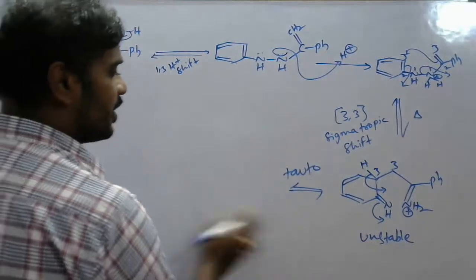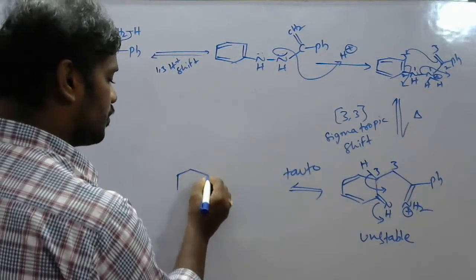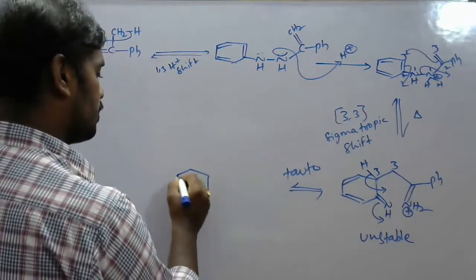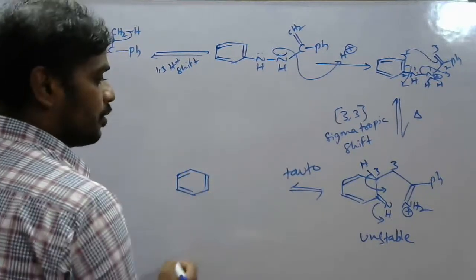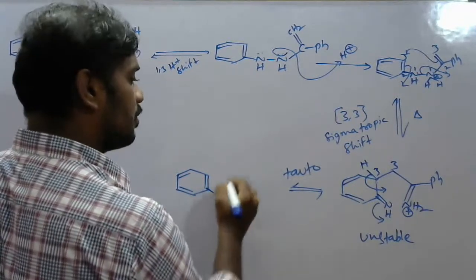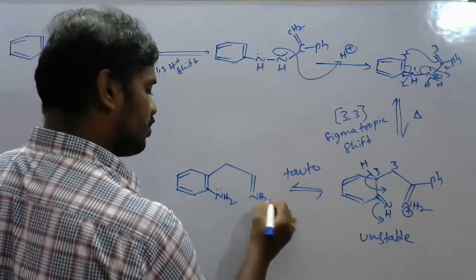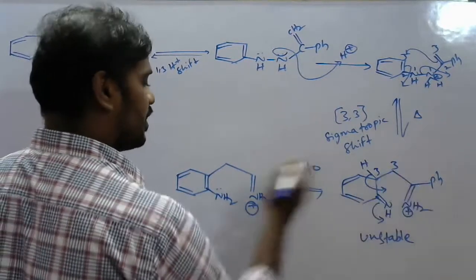So the unstable species converts to the stable one, with NH2 and NH2 plus and the phenyl group.